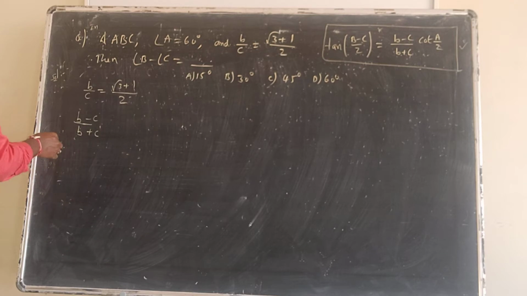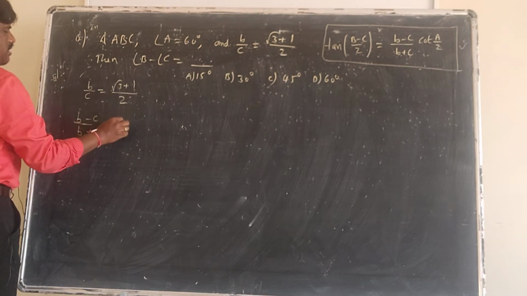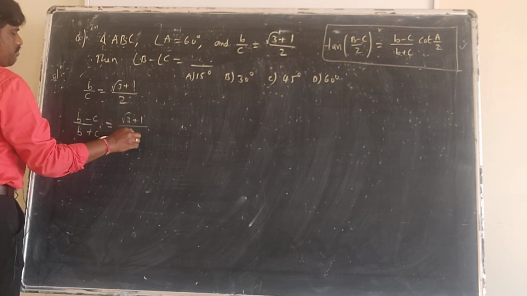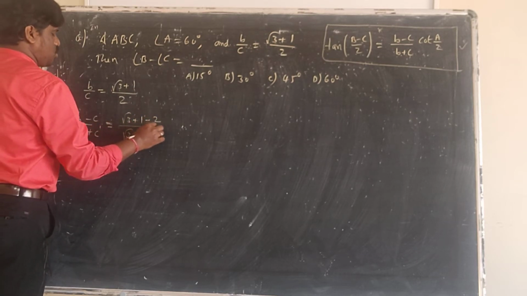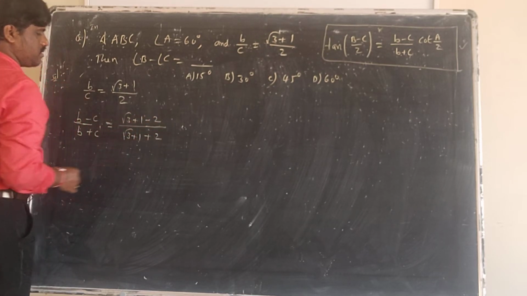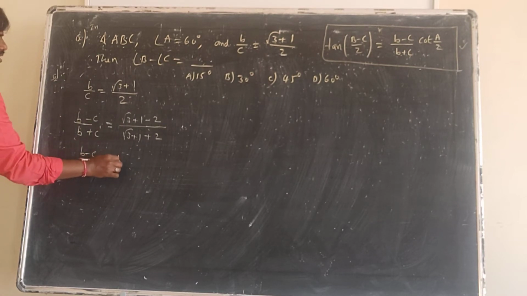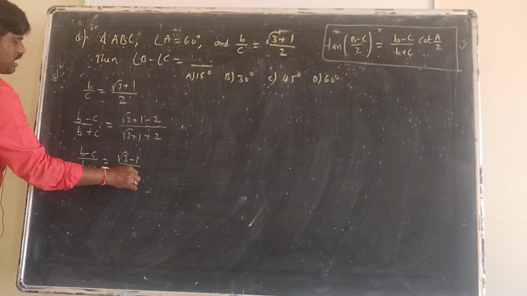So (b minus c) by (b plus c): when you apply componendo and dividendo, the numerator will be root 3 plus 1 minus 2 and the denominator root 3 plus 1 plus 2. So I get (b minus c) by (b plus c) as (root 3 minus 1) by (root 3 plus 3).